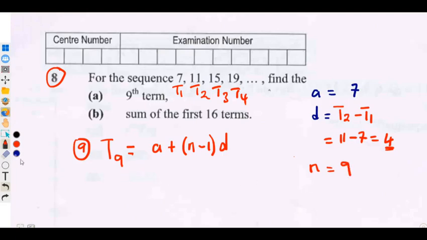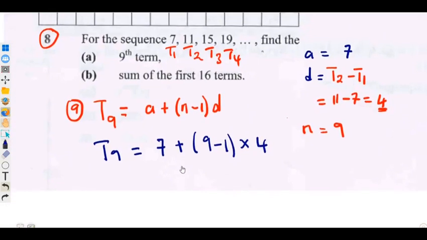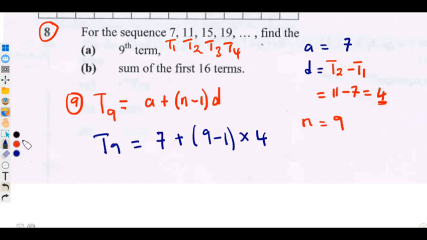So we are going to compute. We will say term 9 is equal to, where there is a, we put a 7, plus where there is n, we put a 9, minus 1. Our common difference, we have said it's a 4. So from here, what are we going to have? Term 9 is equal to 7 plus, so 9 minus 1, it's 8, then times 4.